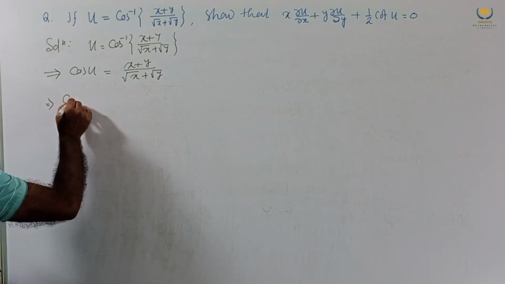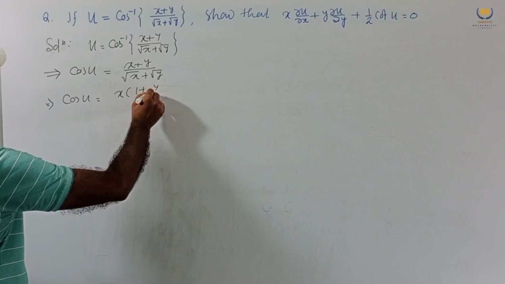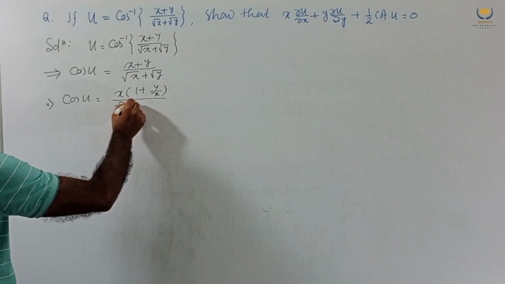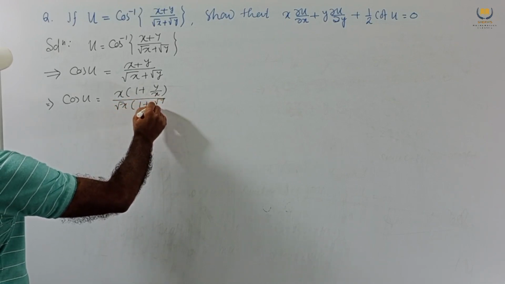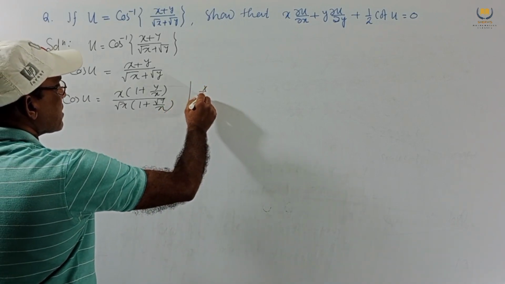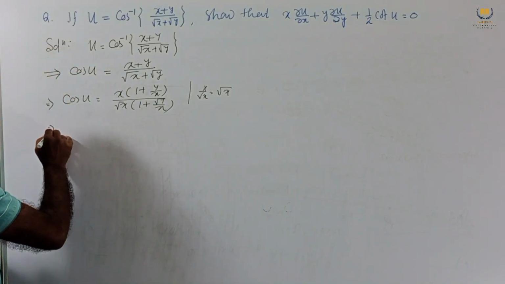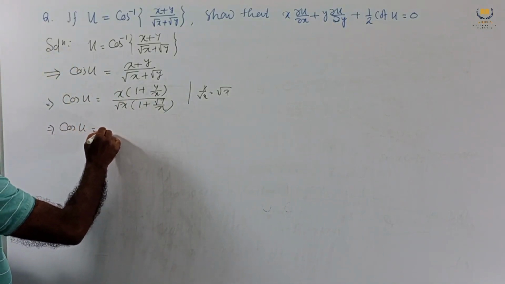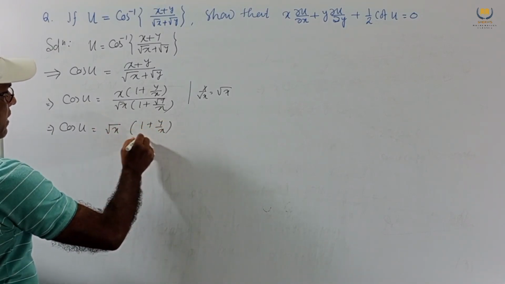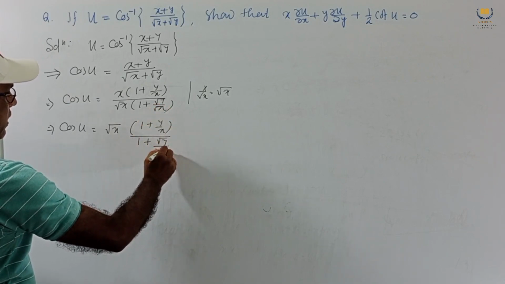This implies cos u equals (x plus y) by (root x plus root y). This implies cos u equals x common from the numerator, (1 plus y by x), and from the denominator root x common, (1 plus root y by root x). Again you know x by root x means root x. So x by root x we get root x. So we get (1 plus y by x) by (1 plus root y by root x).